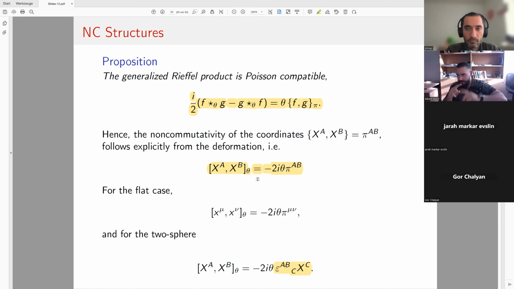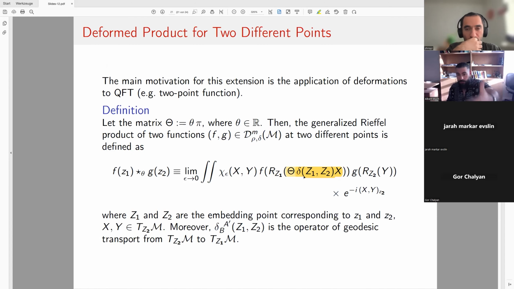So there's this skew symmetry here. And I like introducing the operator of geodesic transport, because I also know that the renormalization of the energy momentum tensor includes geodesic operators. I felt that this is a good way to go, in a sense.